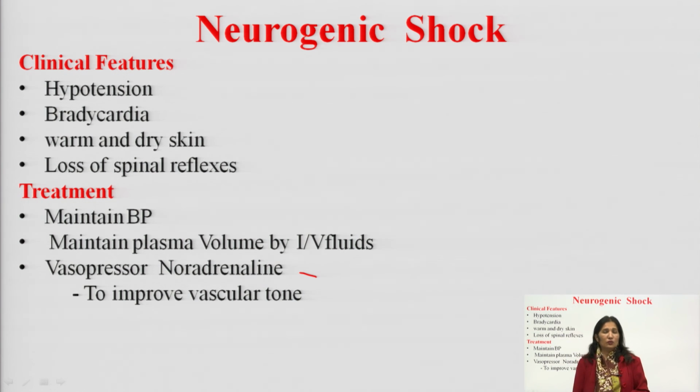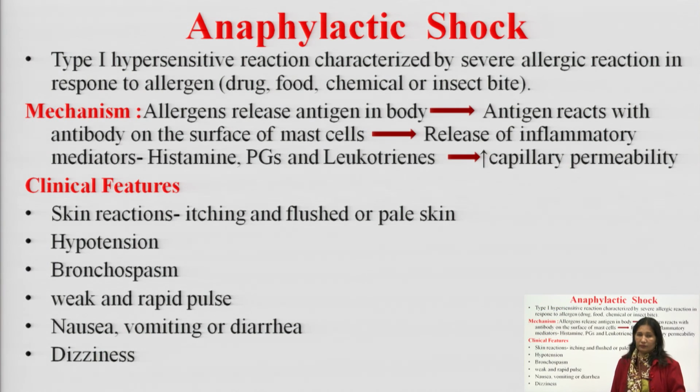So, this was neurogenic shock, in which there is loss of vasomotor tone, loss of sympathetic tone results in activation of discharge of the parasympathetic nervous system.